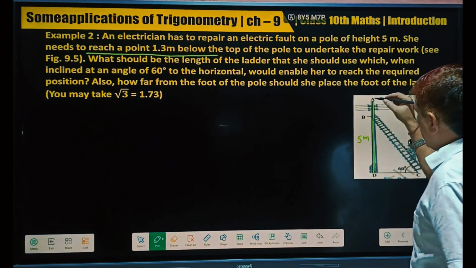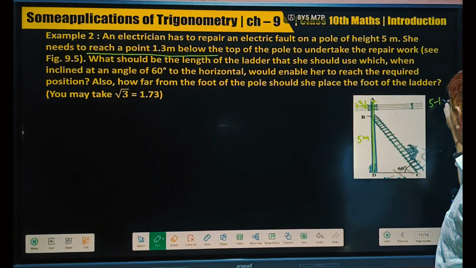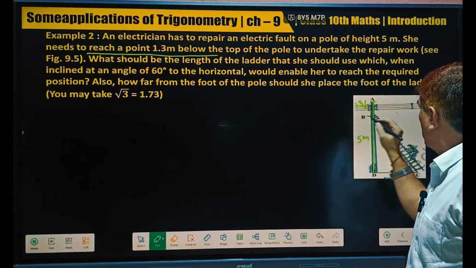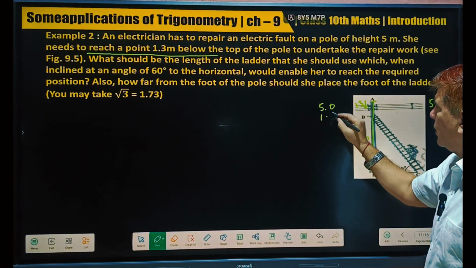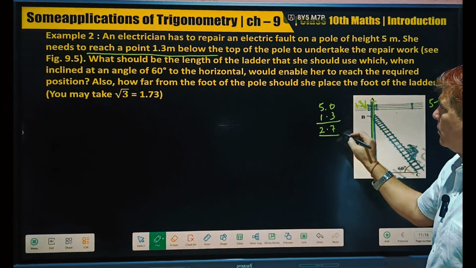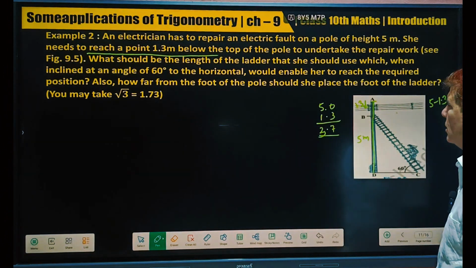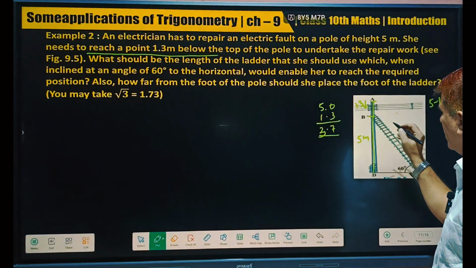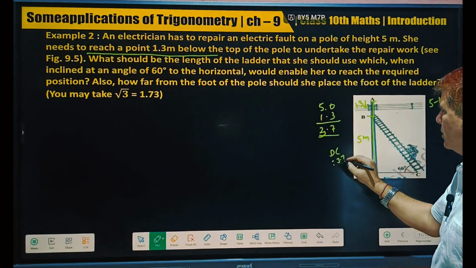This is the top of the pole and it's 1.3 meter below. So 5 minus 1.3, how much? 3.7, sorry. So here DC equals 3.7 meter.